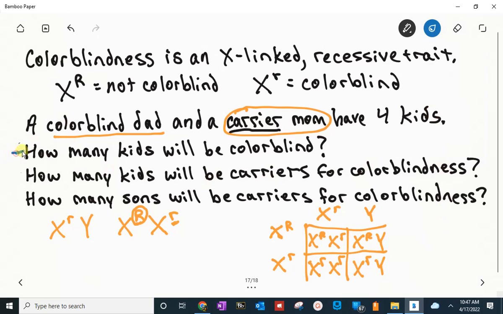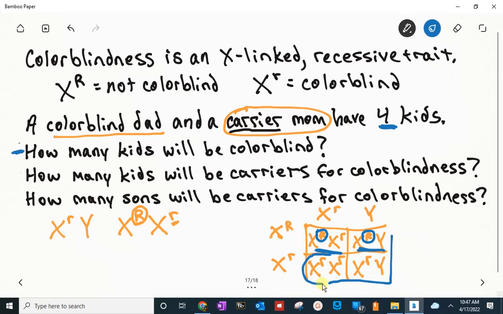So how many kids will be colorblind if they have 4 kids? So we have 4 possibilities here, 1, 2, 3, 4. So if they have 4 kids with one of each of these genotypes, which ones are the colorblind ones? Well, we can't use this top left one because we have a dominant R for not colorblindness, and we can't use this top one because this is a dominant R for not colorblindness.